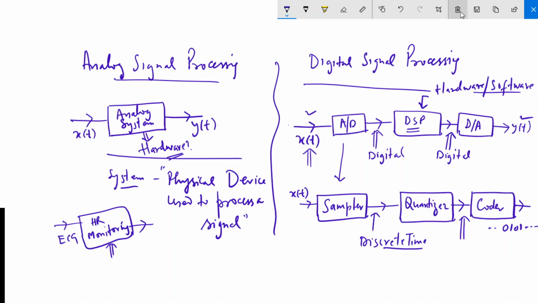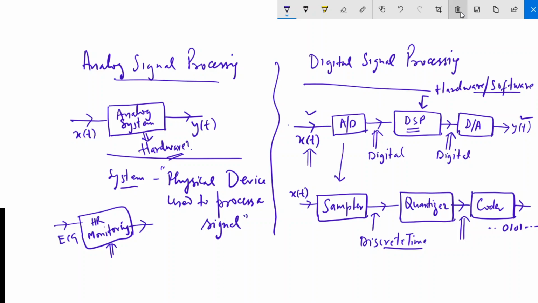Then you have a DSP system which can be implemented in hardware using the digital logic circuits that you have studied, maybe using logic gates, multiplexers, flip-flops, shift registers, and so on. Or it can simply be a DSP processor. You write some code in the processor and that code will process the input signal and generate an output signal.